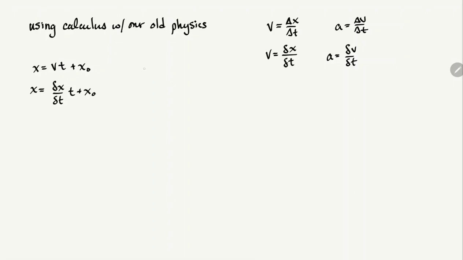Based on the information you're given, you can use your old equations and manipulate them. We could use our velocity equation: velocity is equal to your initial velocity plus your acceleration times your time interval. Well, what if your acceleration's not constant? Then you can say your velocity is equal to your initial velocity plus, instead of acceleration, dv dt.